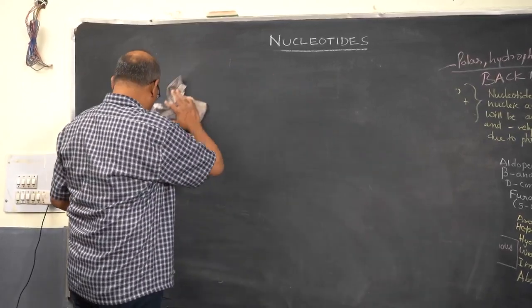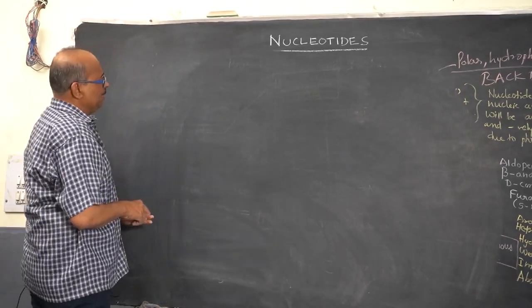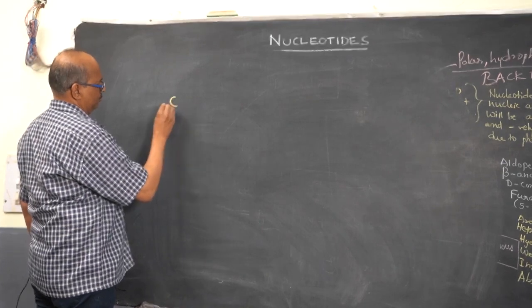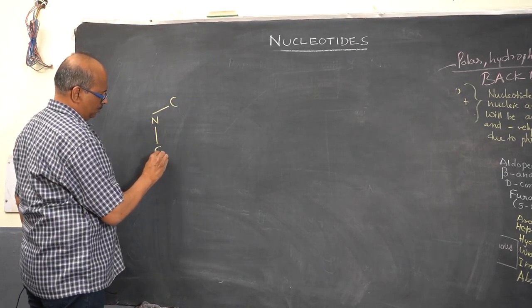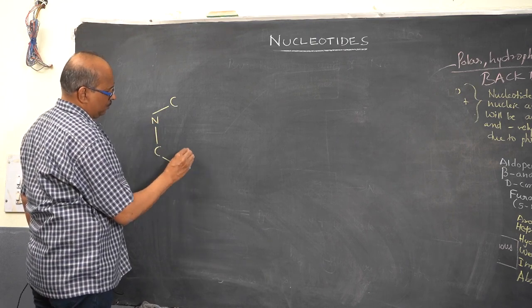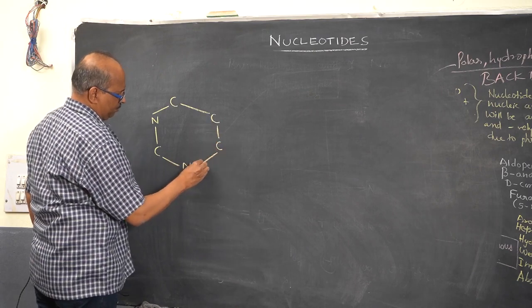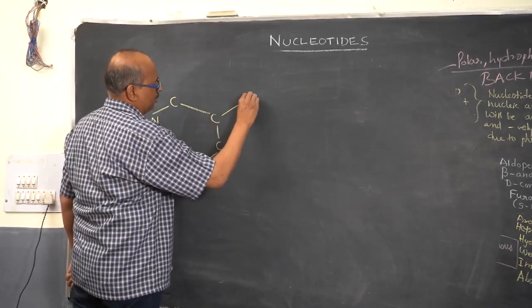Now if you take the purines in terms of numbering, the conventional numbering is this. That is the pyrimidine ring.